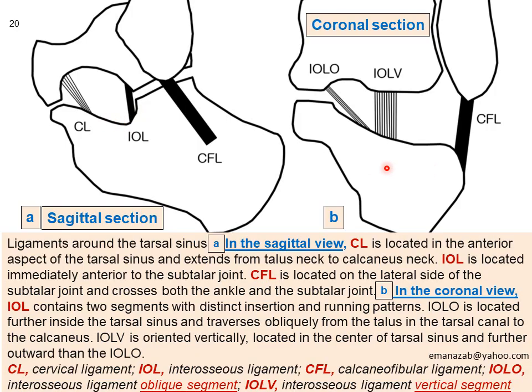In coronal section, again this is the fibula, calcaneus, calcaneofibular ligament. The interosseous ligament consists of two bands. This is the vertical band and this is the oblique band. The vertical band is lateral to the oblique one.